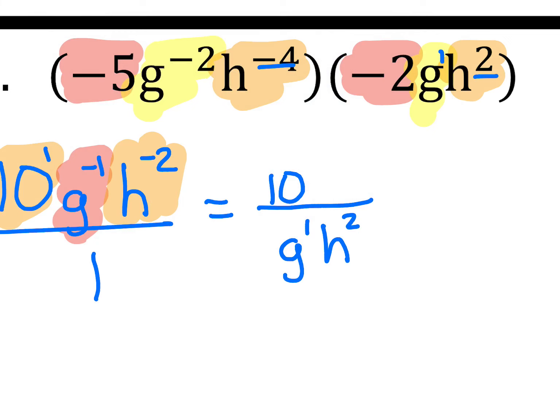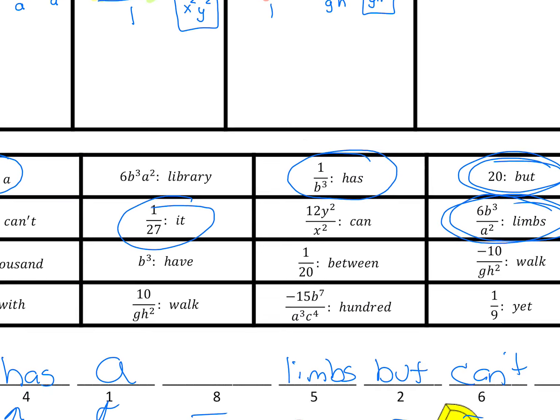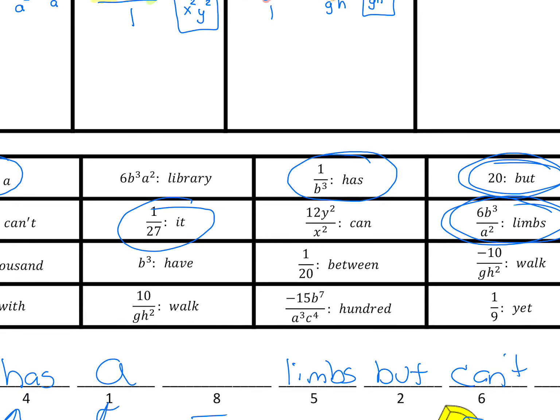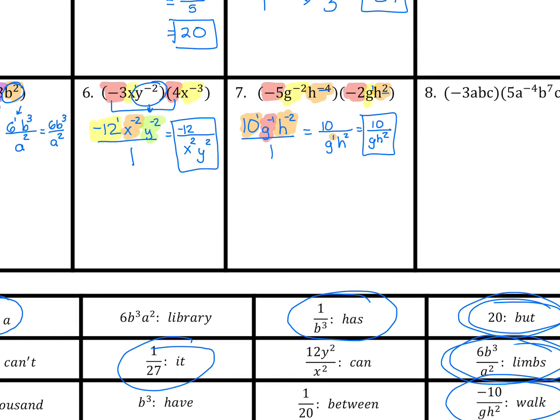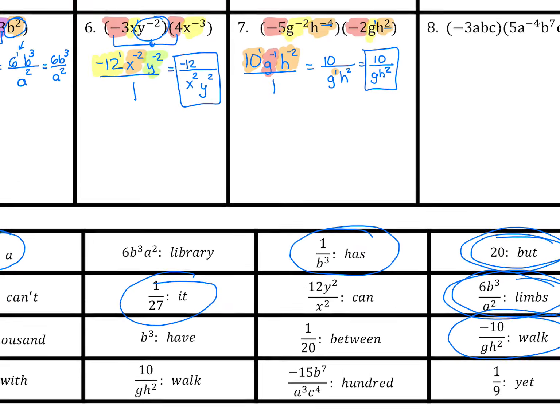Do I need to have this 1 on the g? No, I don't. So 10 over gh squared. Let's find our answer. 10 over gh squared. Right here. Walk. So number 7 is walk. All right, one more word and we have a riddle.